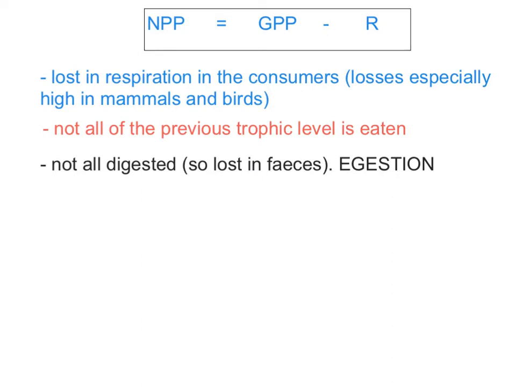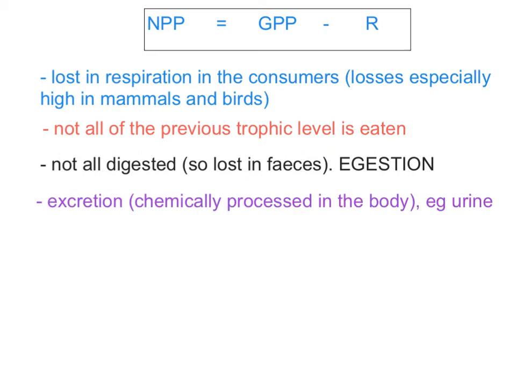And the last one, you would have done all this at GCSE, is excretion. That's as a result of chemical reactions in the body and then losses through there. So of course, urea, a result of protein breakdown. You may well have digested those proteins and absorbed them into your body, but then they've been broken down and excreted as urea. So that's lost from the biomass available.